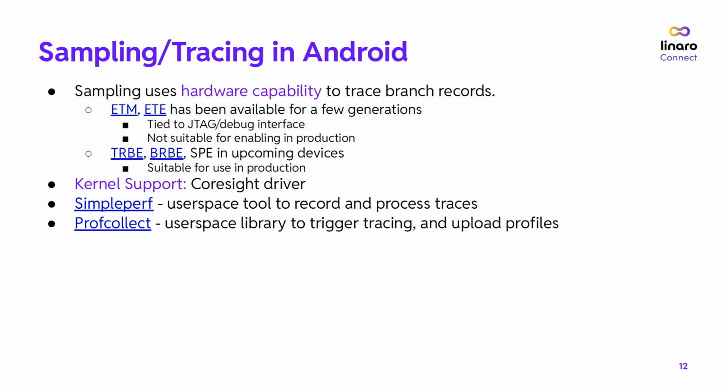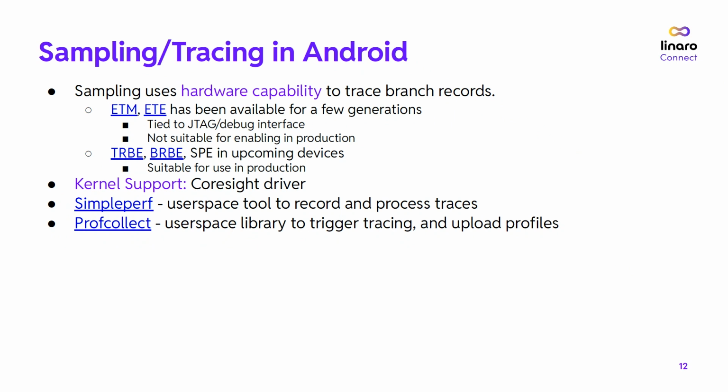So let me now dig a little bit deeper into how to set up sampling-based tracing in Android. The hardware capability in ARM chipsets for sampling has been evolving over the last few generations. Initially, around 2021, we started having chips with ETM and ETE that provide sampling branch records.